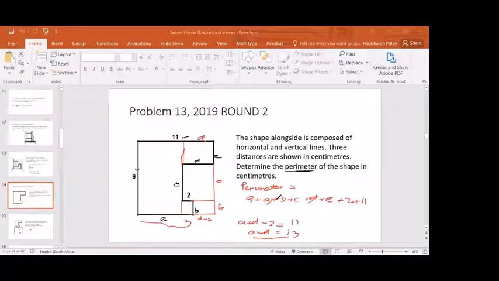So I got 9 plus A plus D, which is 13, right? Plus 2, which is 15, plus 11. So I got 26, plus this other thing, B plus C plus E. So the perimeter is 26 plus B plus C plus E. But watch, B plus C plus E is nothing else but 9, you see?